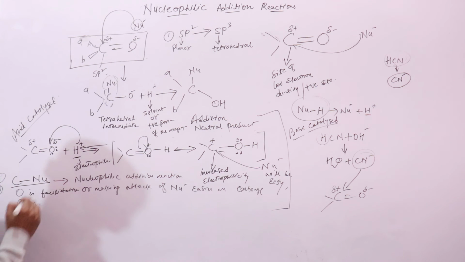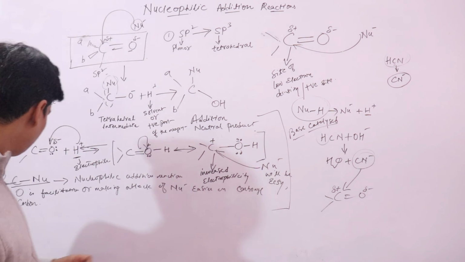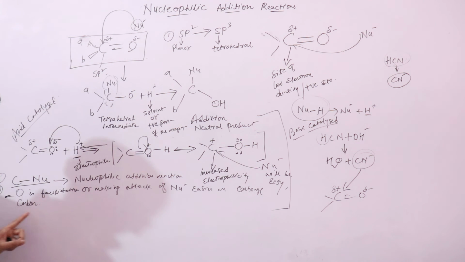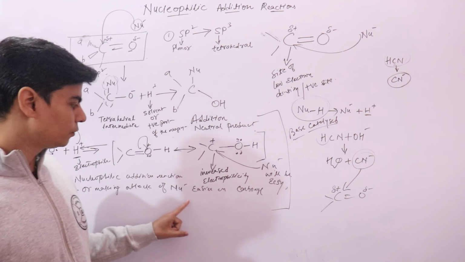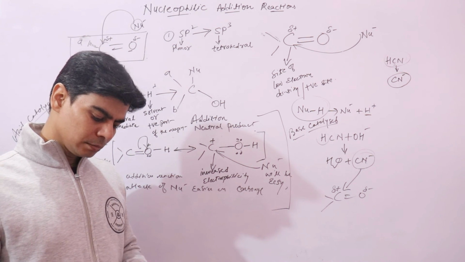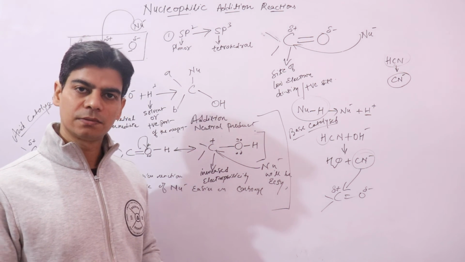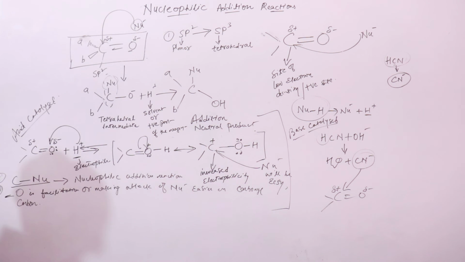Because a new bond gets formed between carbon and the nucleophile, and the second is oxygen makes the attack of nucleophile easier on carbonyl carbon by taking the negative charge onto it, right? Because of its high electron density, right?